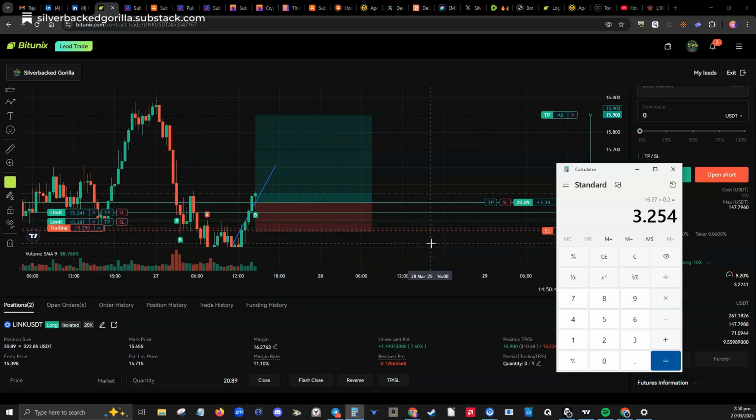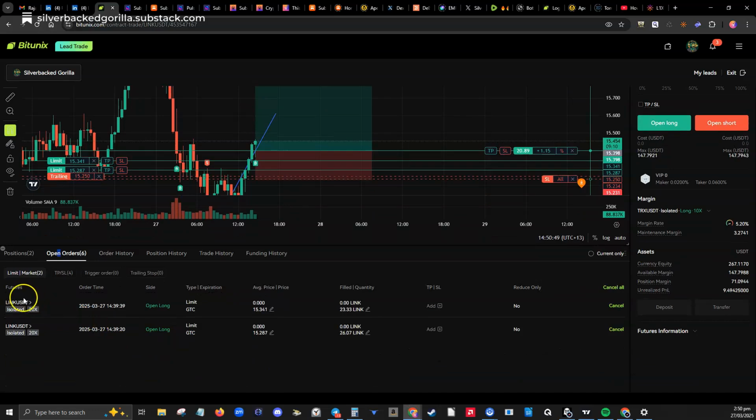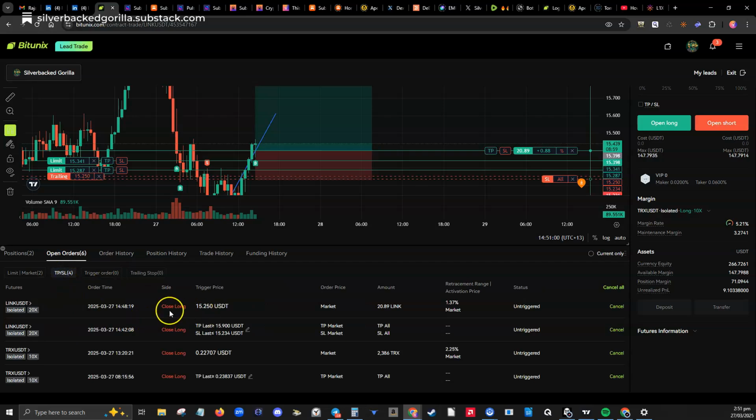Now again, with these positions, just make sure you come back and check these open orders, because if you go to open orders, you'll have these Link orders I just placed, which are the static stop loss and also the trailing stop, and you can find them just in here.